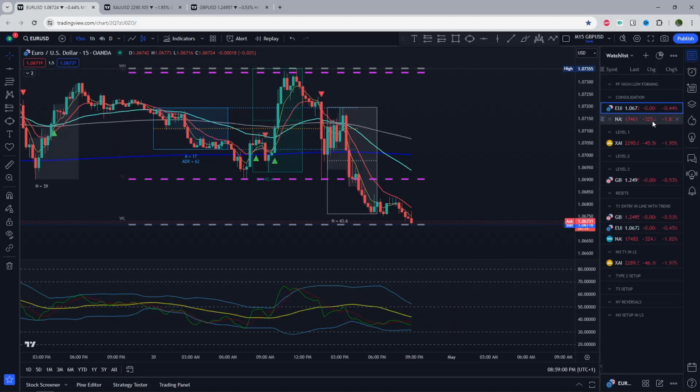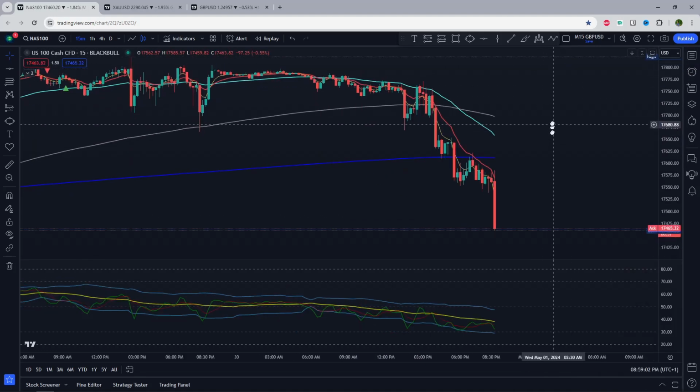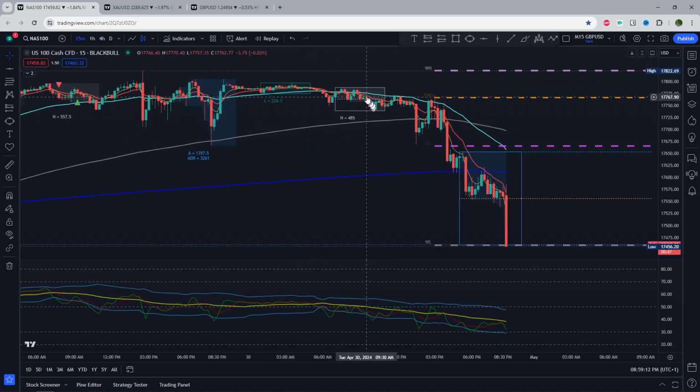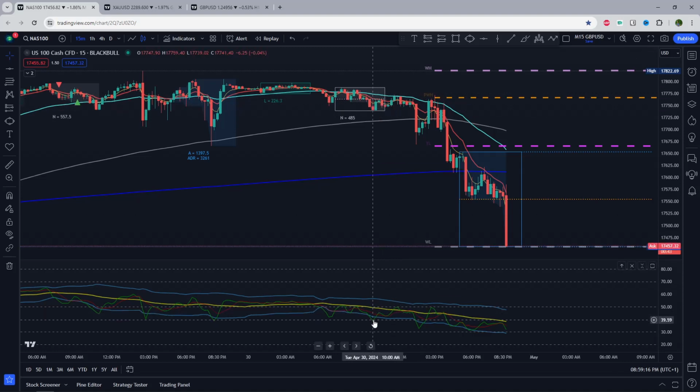Now, if we move over to one of the indices, over here, I took a trade on this, but it didn't work out. I took the trade around here. So this was a W forming here at the time. EMAs was looking fine as well.